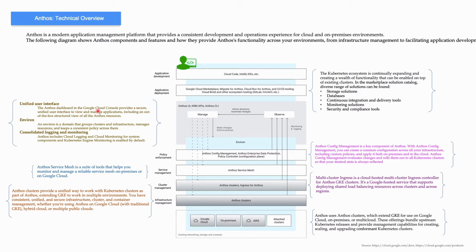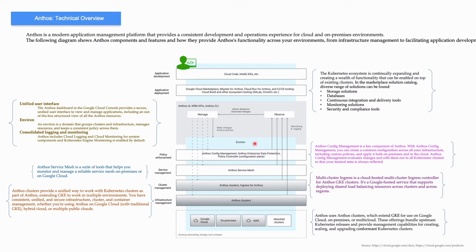The Anthos dashboards in the Google Cloud Console provide a secure, unified user interface to view and manage applications, including an out-of-the-box structured view of all the Anthos resources. Environ, which you see here, is a domain that groups clusters and infrastructure, manages resources, and keeps a consistent policy across them.